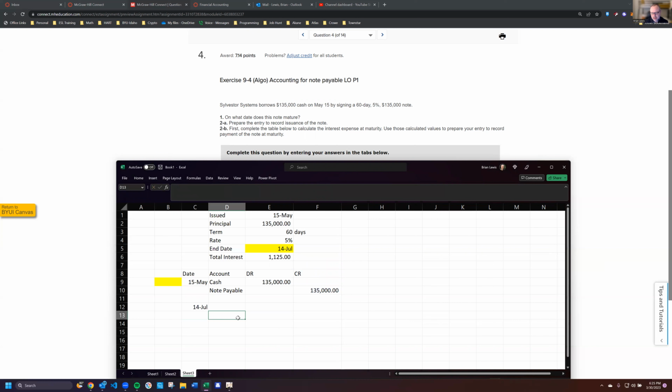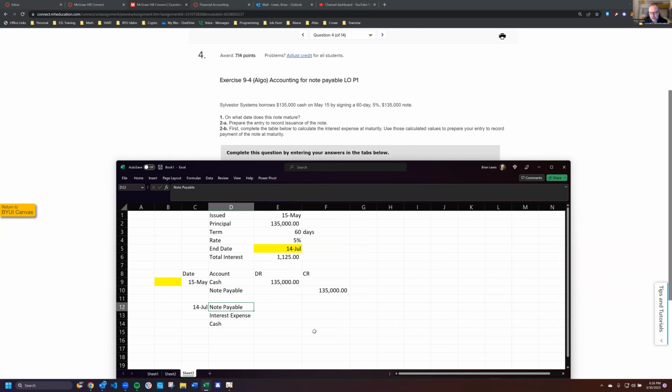So that's the date. Now we have a couple of accounts that we're going to record. We're going to record something against notes payable. We're going to do something to interest expense, and we're going to do something to cash. Now, I put those in that order because I know which one is a debit versus which one's a credit, but I'm just going to walk you through this.